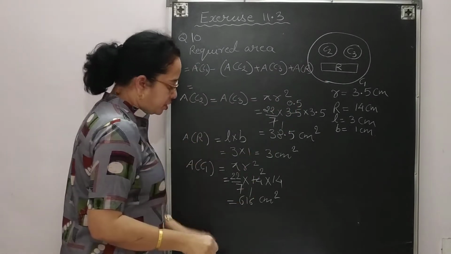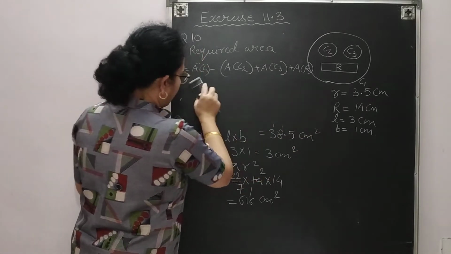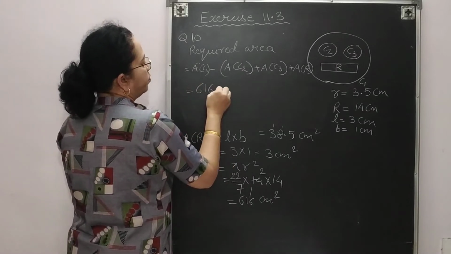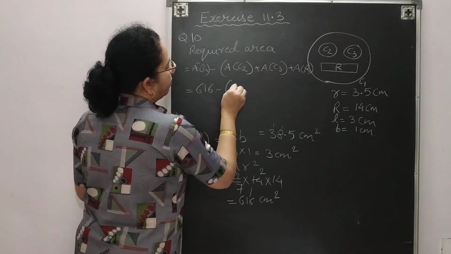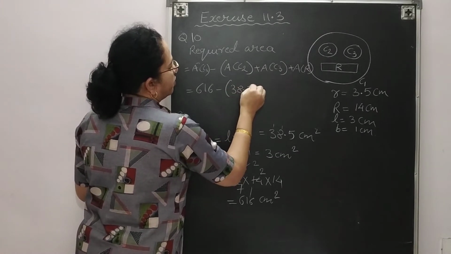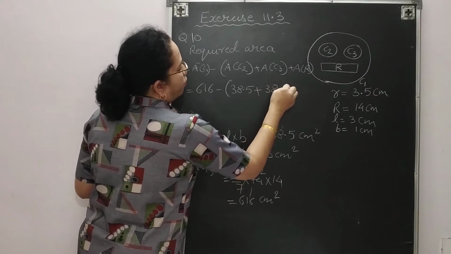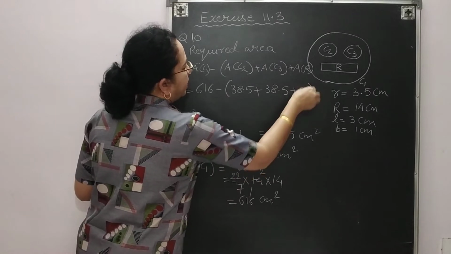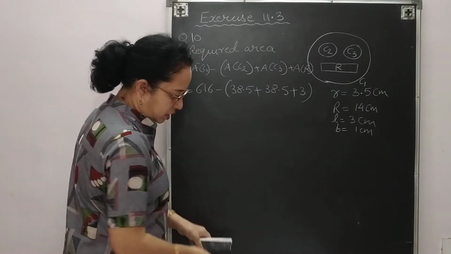So now we will substitute the values. What is the area of C1? Area of C1 is 616 minus, inside the bracket, 38.5, the area of C2, plus 38.5, the area of C3, plus the area of the rectangle, 3 centimeter square. So now we will subtract all that.